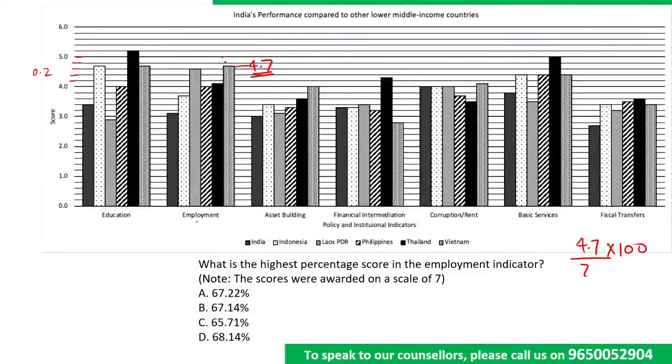So 470 by 7, that would be 67.14%. Answer should be option B, 67.14%.